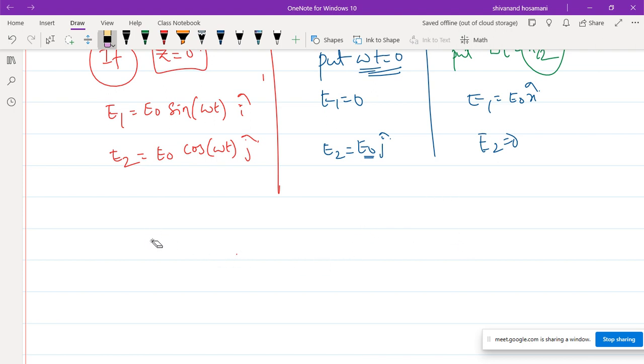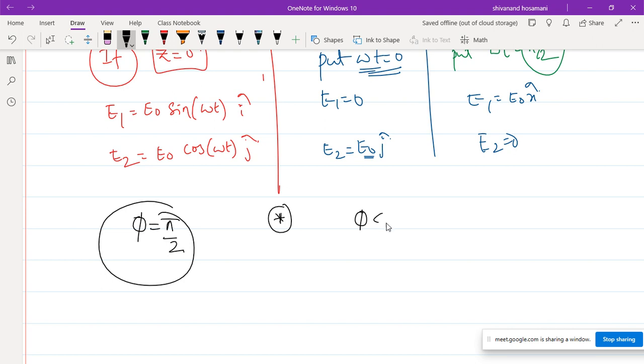Here we have the phase difference phi equal to pi by 2, isn't it? If the phase is pi by 2, then we should note another point: if the phase angle lies between 0 and pi, it will always be right-handed, isn't it?